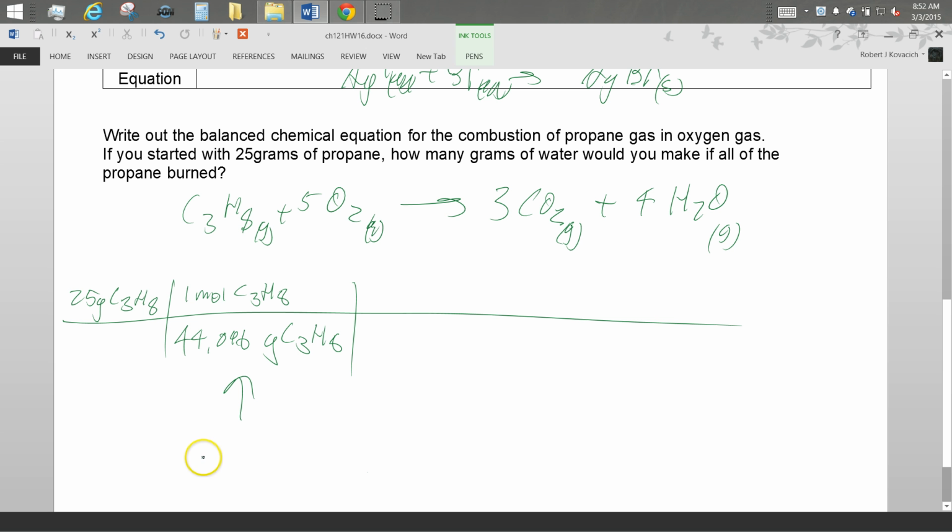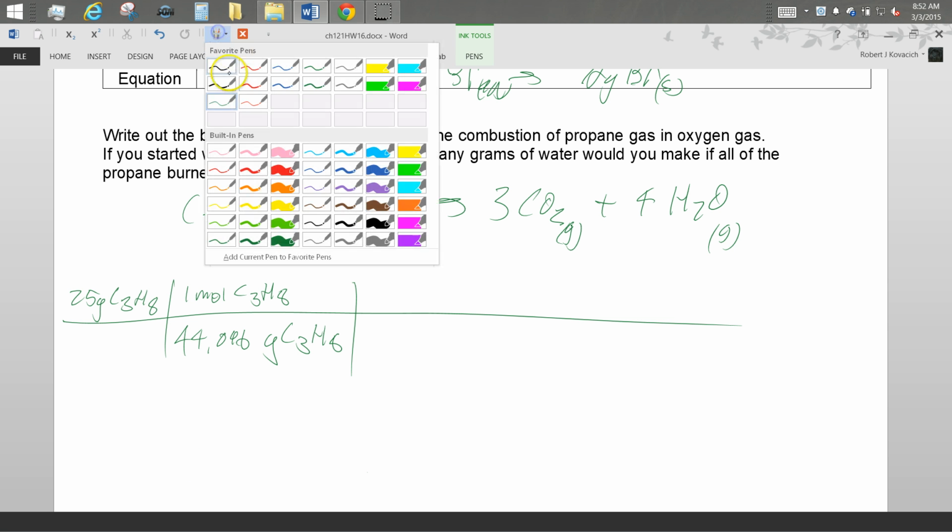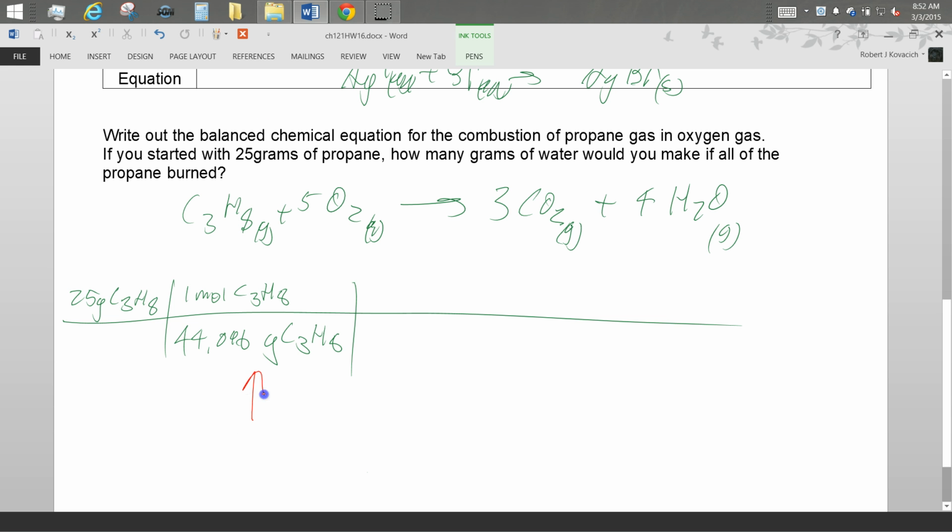Okay, it cancels out the grams, but what else does it do? It just counted my number of propanes. It turned my mass of propane into a number of propanes, because moles is actually a count, like dozens.